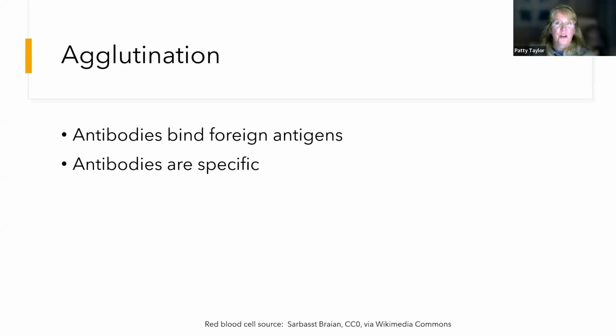To set the stage for understanding how we do blood typing with unknowns, let's talk about agglutination for just a moment. Agglutination occurs when antibodies generated by our immune system bind foreign antigens. Those foreign antigens may be on someone else's blood if we're getting a transfusion.